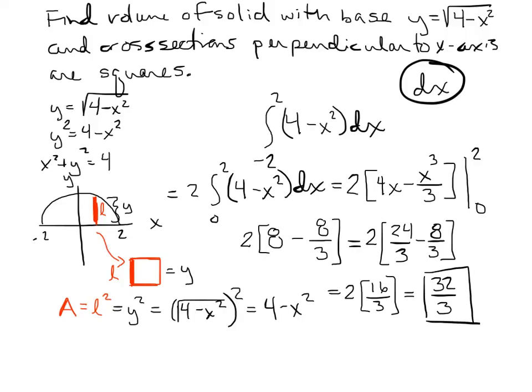I think we're good. Okay, so on this one, the cross sections were perpendicular to the x-axis. I had to draw the picture of my base. I had to draw a cross section in there.